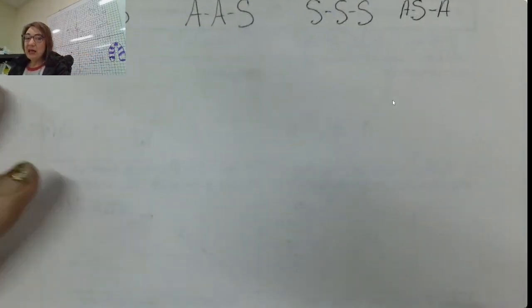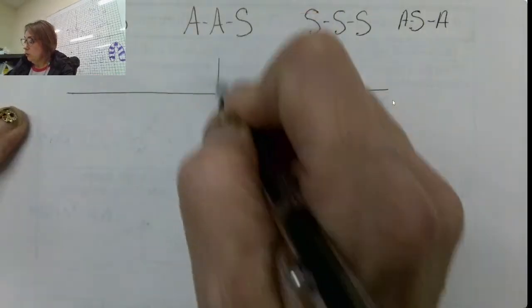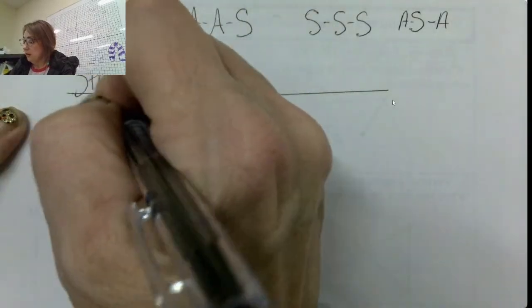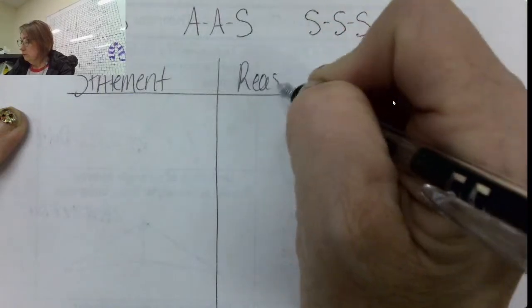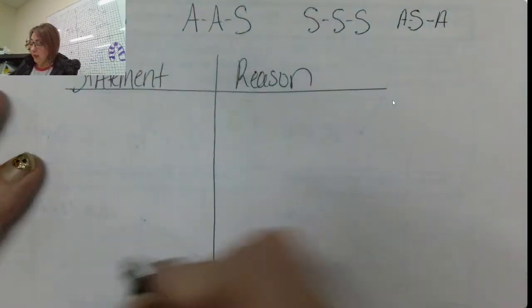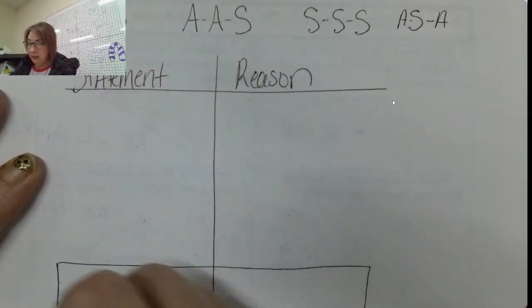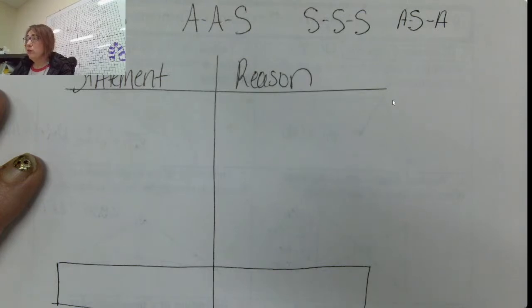Now, anytime that you are trying to prove that two triangles are congruent, and you're writing a proof, so you've got a proof where this side is a statement, and this side is a reason. And you're trying to prove that one triangle is congruent to the other triangle. Your final statement and reason, if that's all I'm asking you to do, will be, and I'm going to make some up, okay?